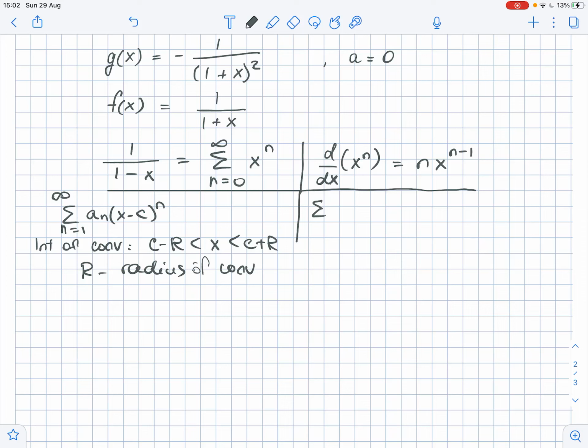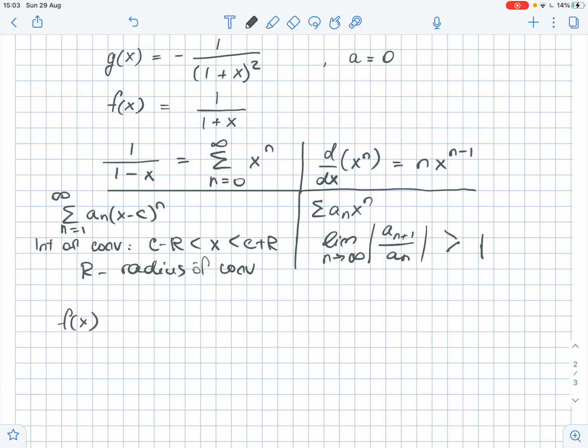Another fact which we will use is that if the series, the sum of a_n times x to the power of n, is convergent, then the limit of the absolute value of a_(n+1) over a_n, where n approaches infinity, is less than 1.